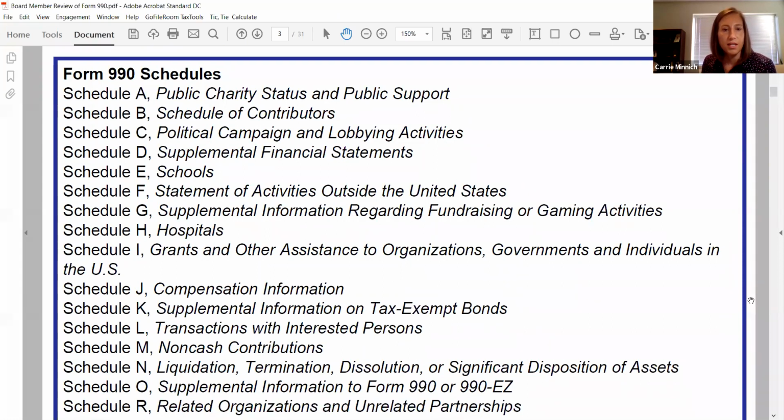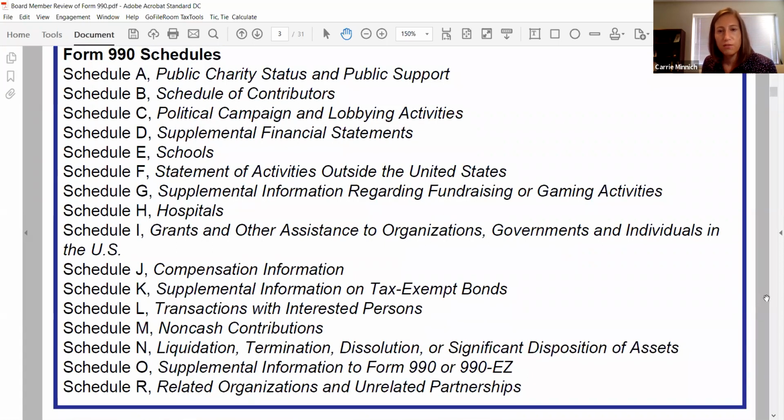And then also Schedule O, the supplemental information to Form 990, is a schedule that most organizations have to complete. So in addition to going over the core form today, we're going to touch briefly on those 3 schedules as well. If your organization does have other activities, if you have any lobbying activities, or if you're a school, you'll just want to make sure that you're properly filing those additional schedules that are required.